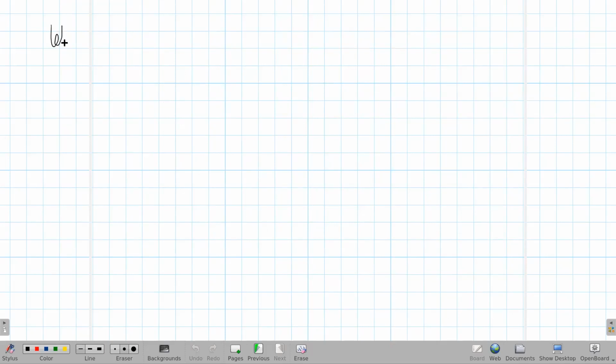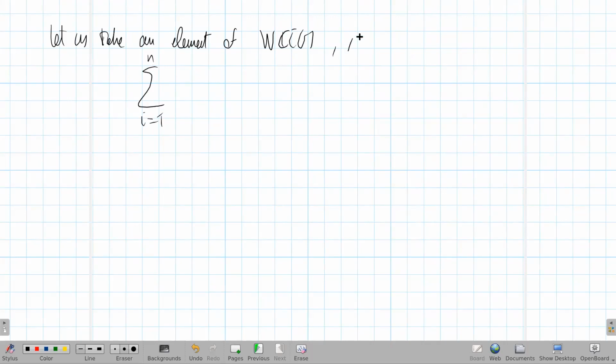So when we take a look at such an element of WCG, let us take an element of WCG. This is something of the form sum for some n of Wi sigma i. I hope I don't complicate the notation too much.